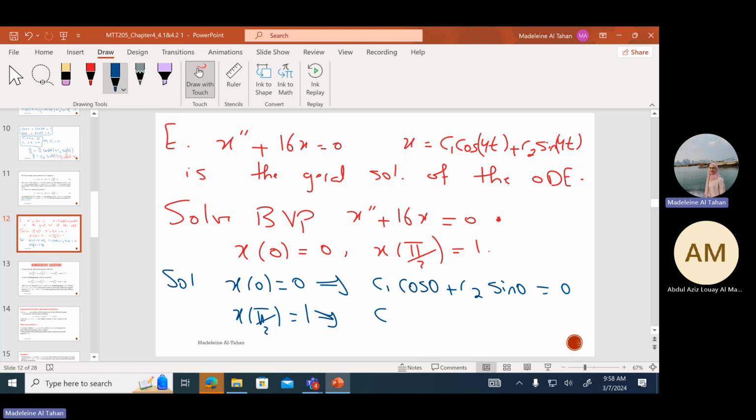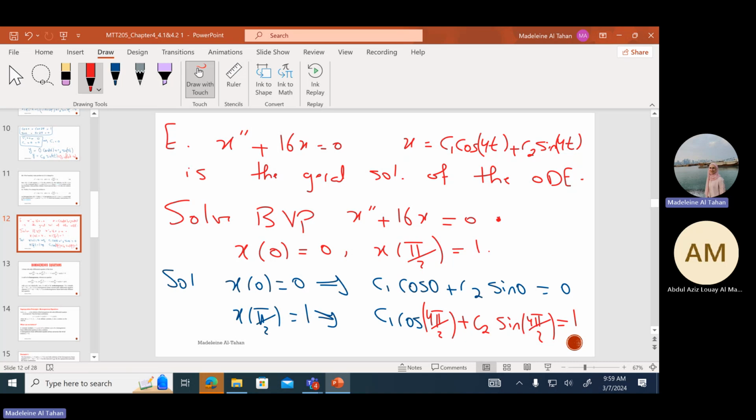And this one, C1 cosine 4 pi over 2, right? Plus C2 sine 4 pi over 2 is equal to 1, right, class? Yes, pi over 2, but you have 4.